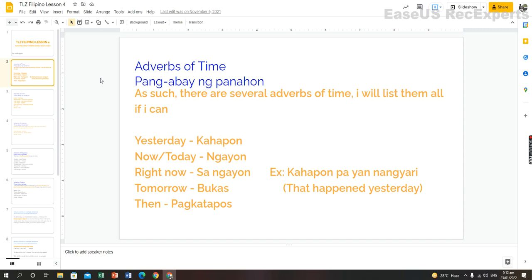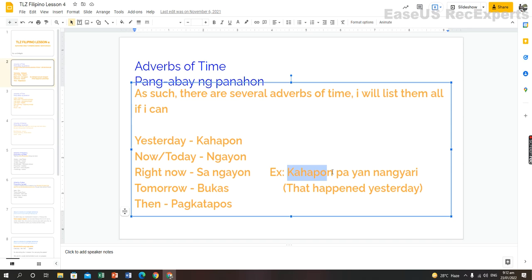We go for this first. So kahapon is there, right? So meaning that happened. Nangyari, yung nangyari, meaning happened. So that's the verb. And then kahapon states when it happened. It may be placed at the back of the sentence, but it still appears in the front in the English sentence.